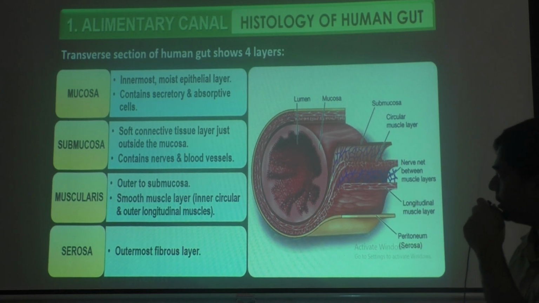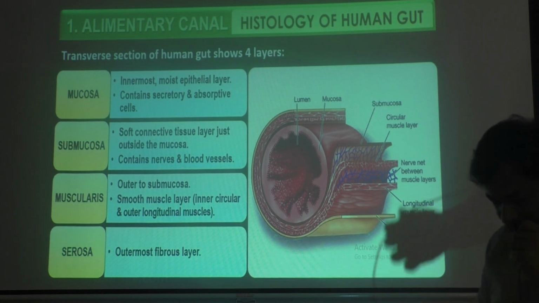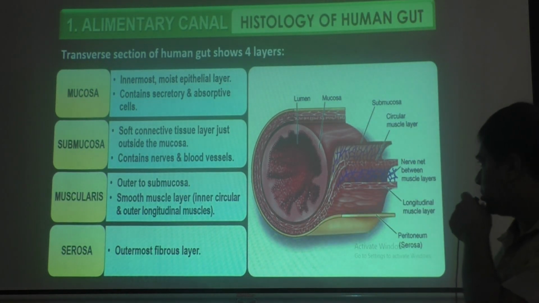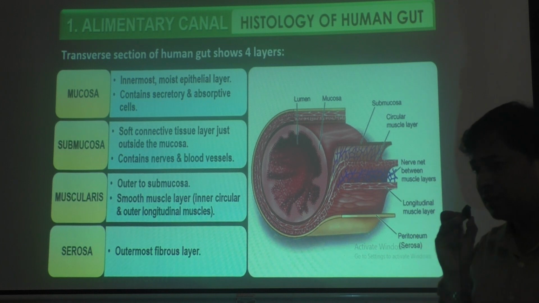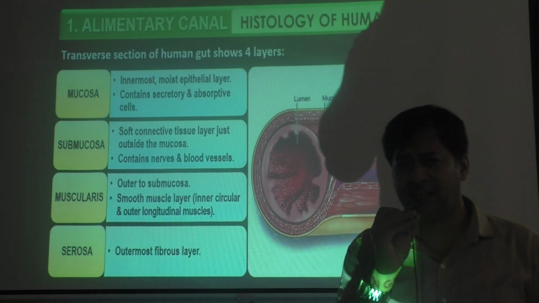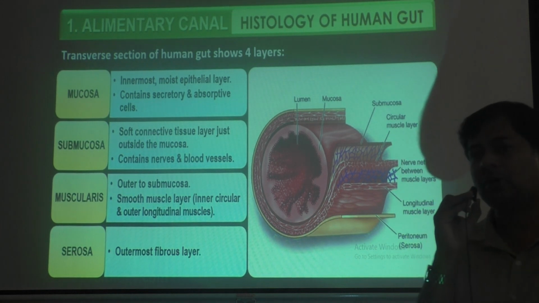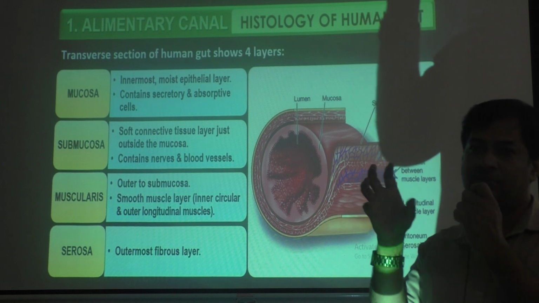Mucosa is an innermost moist epithelial layer, always wet, because the food should pass easily and smoothly. So it is a moist epithelial layer that contains secretory and absorptive cells. Secretory cells secrete some hormones or chemicals. Absorptive cells are meant for absorbing the digested food.